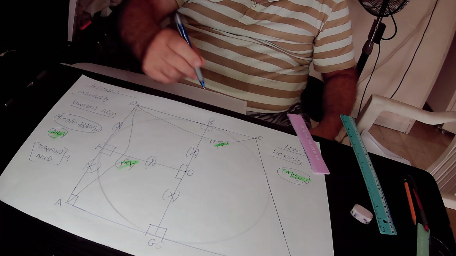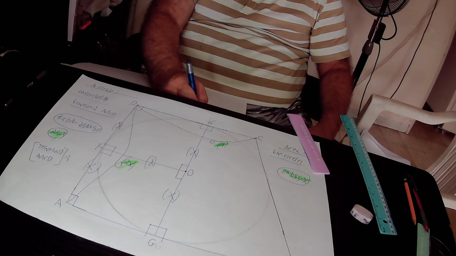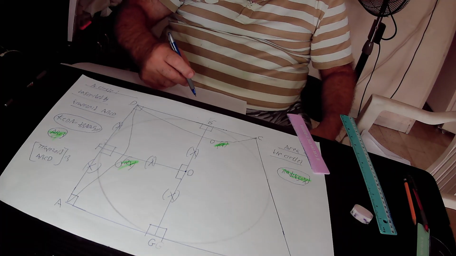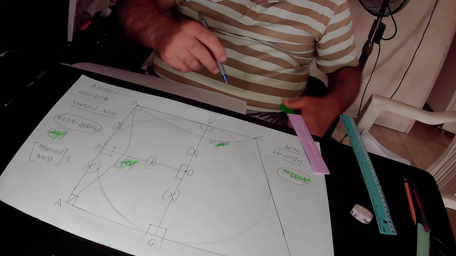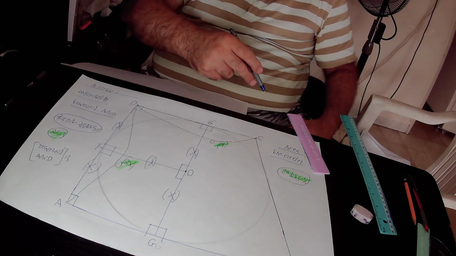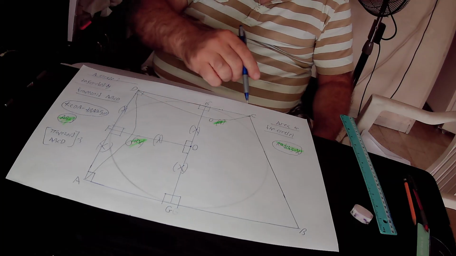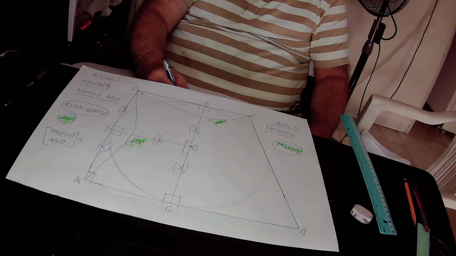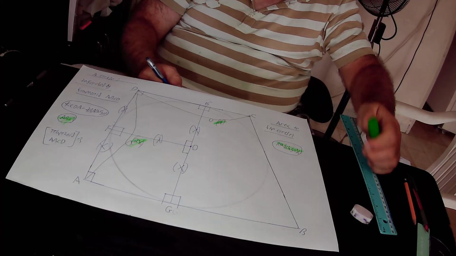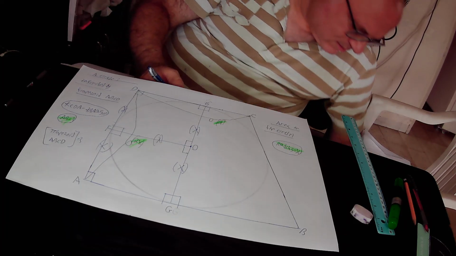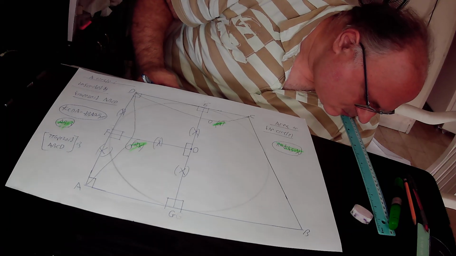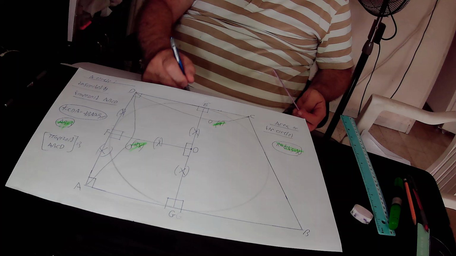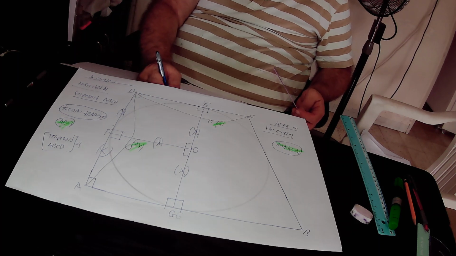DA is 2x plus CB. CB is the missing side, so leave it as it is. And it is equal to DC, which equals A according to our definition, plus AB.